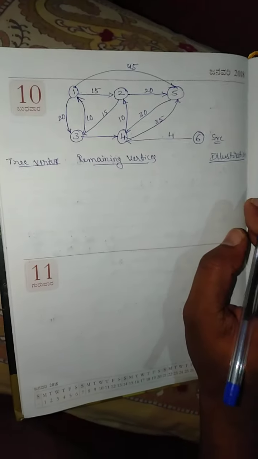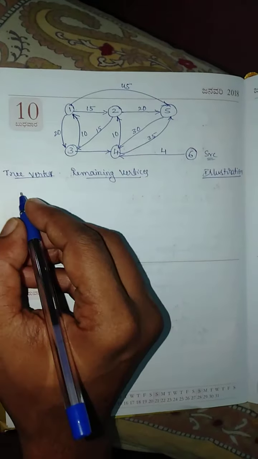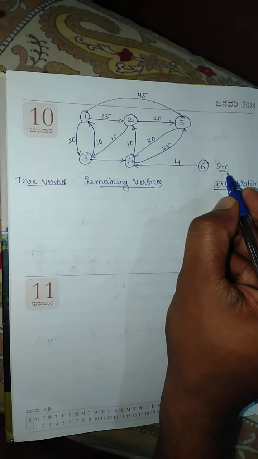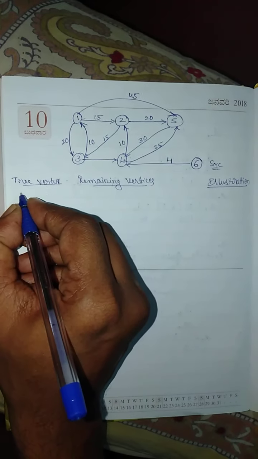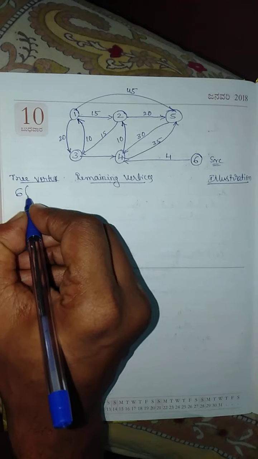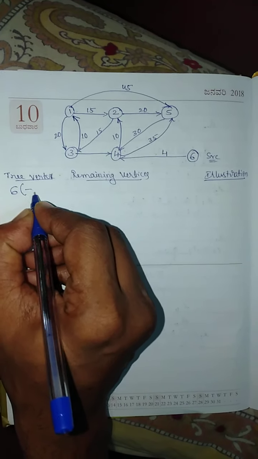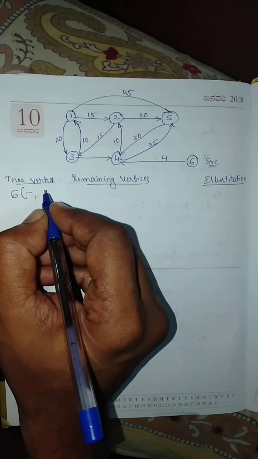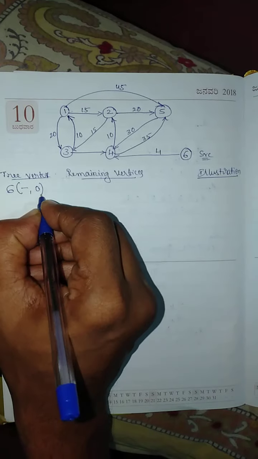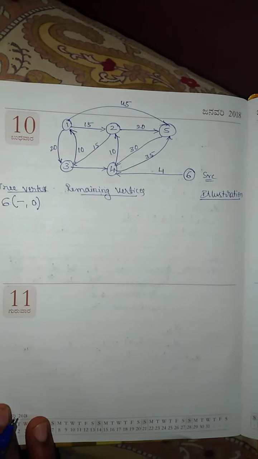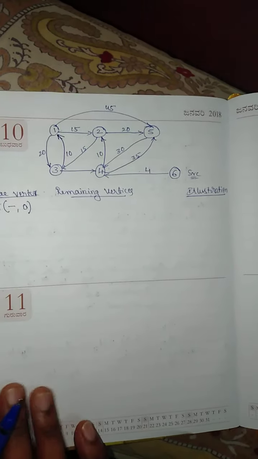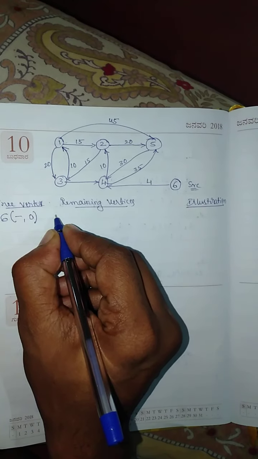The tree vertex first to be considered is the source vertex, that is vertex 6. Vertex 6 has no next to last node, and the distance from the source to it is 0. The remaining vertices we have to write. For vertex 1, is there any direct edge?